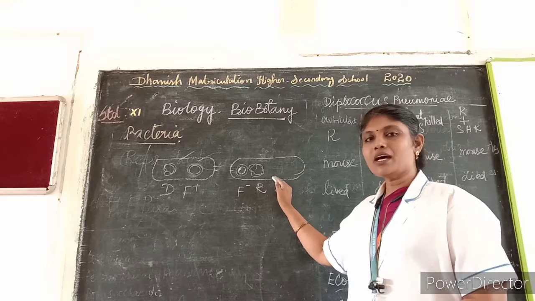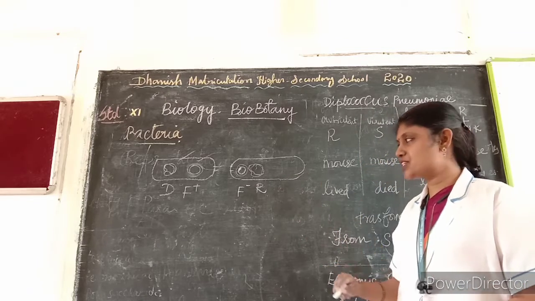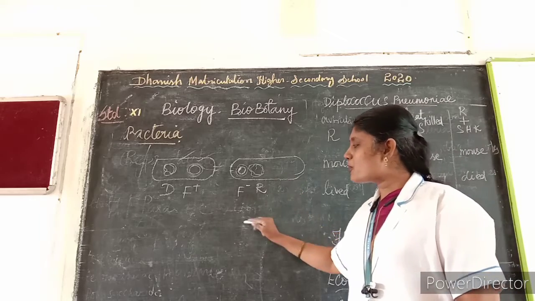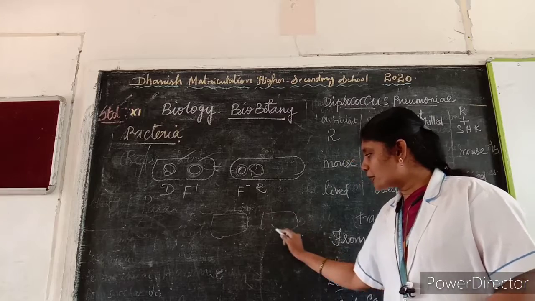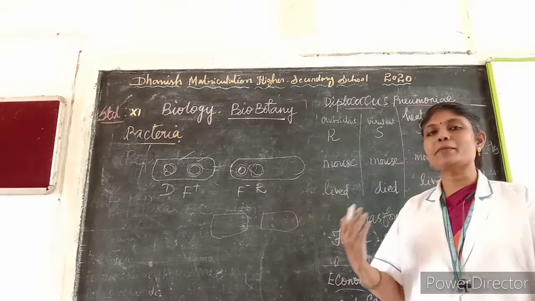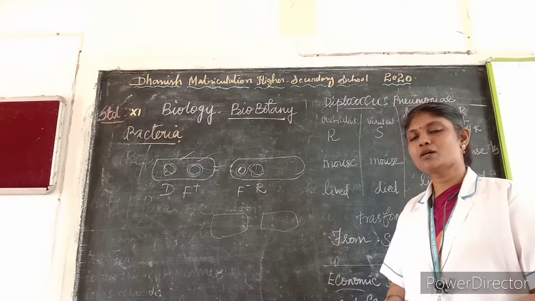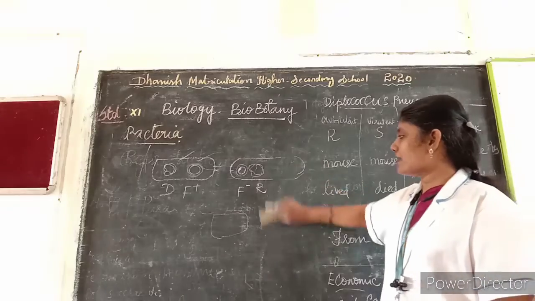This bacteria will undergo the normal process of asexual reproduction, that is binary fission. So an increase in the number of copies of the bacterial cell will be produced. That is how the reproduction occurs and different combinations of bacteria are produced. So that is conjugation in bacteria.